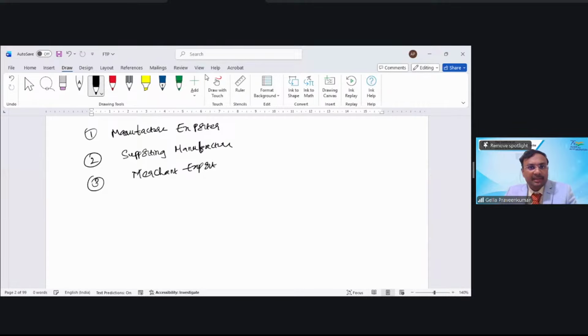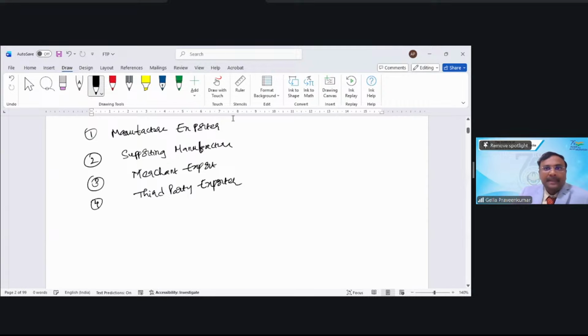What else they have mentioned? Third-party exports, samples, gifts. Okay. Law has given me this kind of classification.